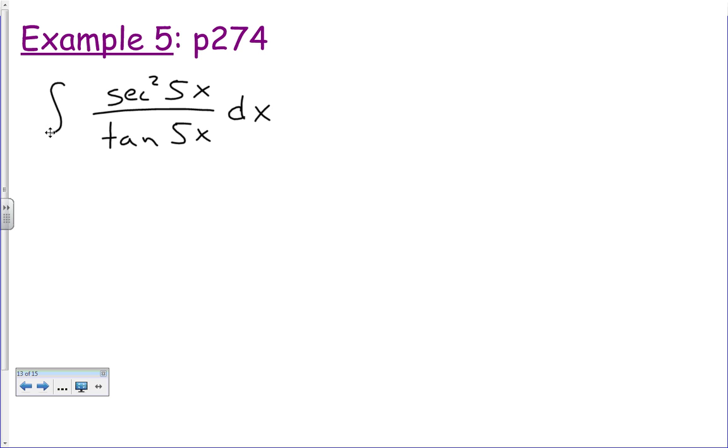So I'm going to use the denominator of this, which is technically my inside function of my reciprocal function, as my choice for u. So we're going to say that u is equal to the tangent of 5x. And of course, when I do this, I'm keeping in mind that I have to take the derivative of that, and I need the derivative to be part of this problem.